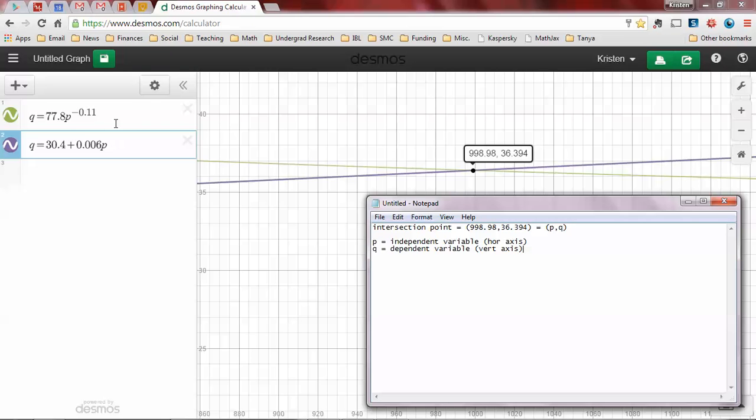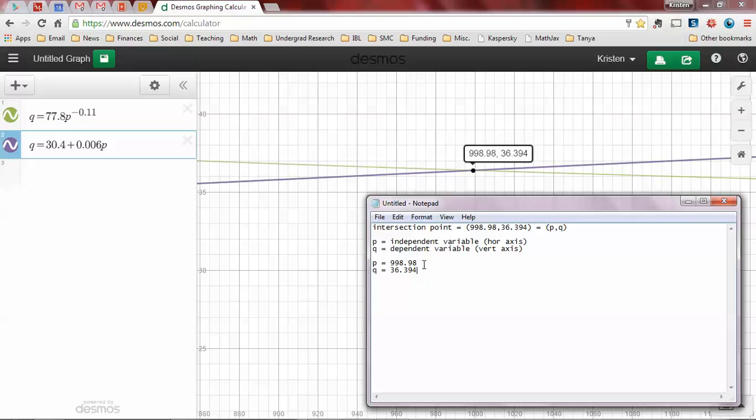Remember that supply and demand both depend on p, so this gives us that p is equal to 998.98, and that q at that intersection is equal to 36.394.